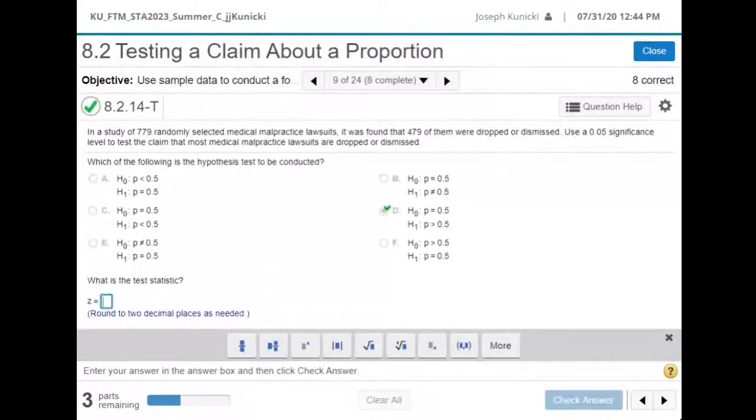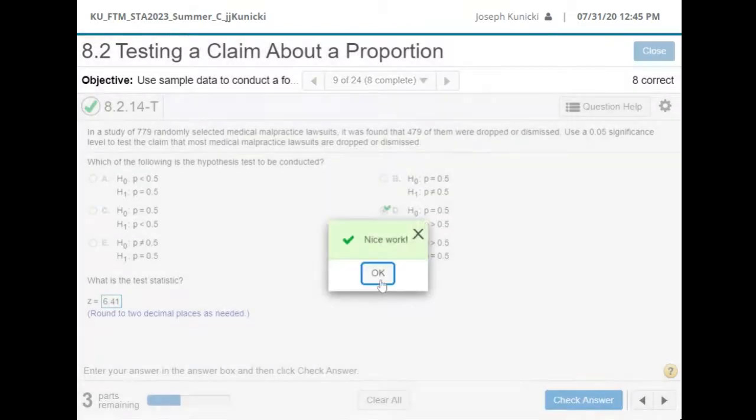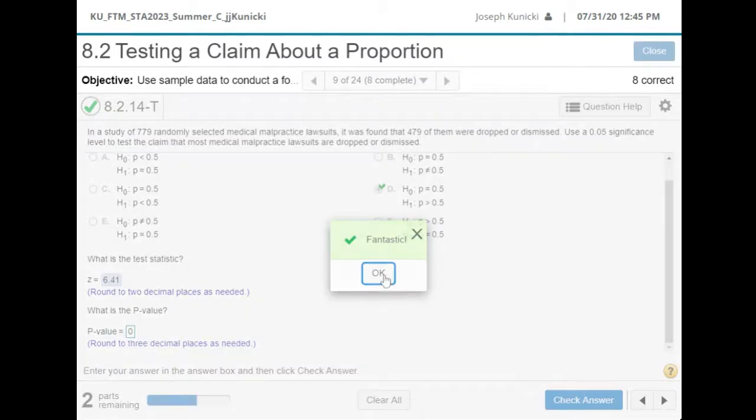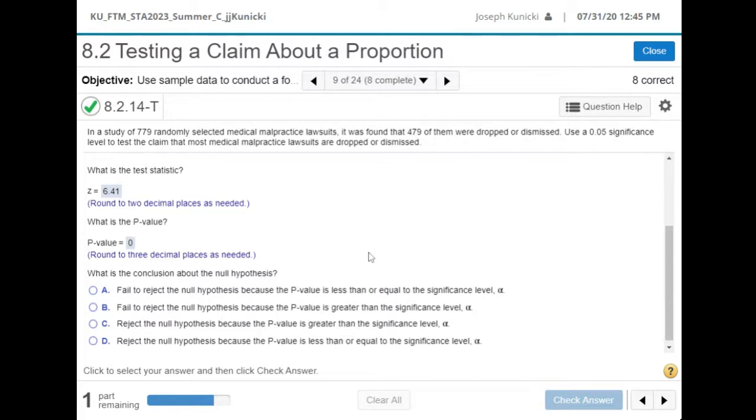So it was 6 point. Let's see how many decimals. 6.41. So check answer, and then the p-value. I'm just going to put 0 because it says it's less than 0.0001, so 0 works, which means we're rejecting the null because the p-value is less than or equal.